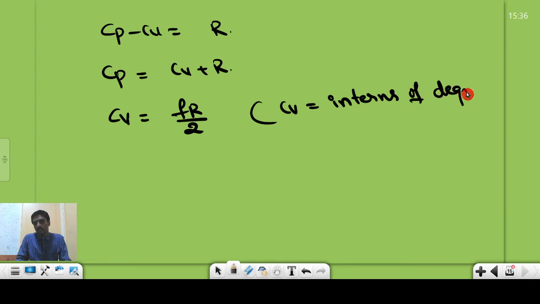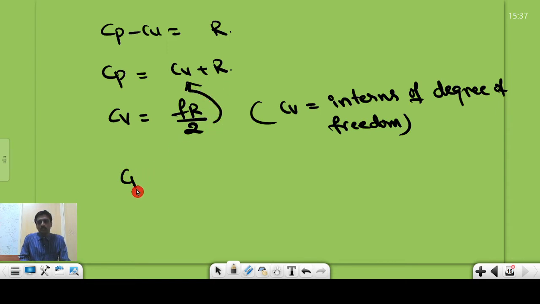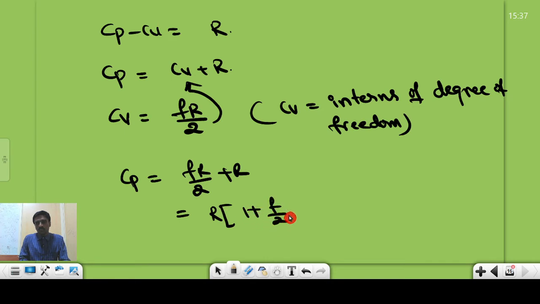This is the formula for the Cv value in terms of degree of freedom. I am substituting this Cv value in the above equation. Cp is equal to FR divided by 2 plus R. If you take R as the common term, then Cp is equal to R times 1 plus F divided by 2. This is the formula we are getting.